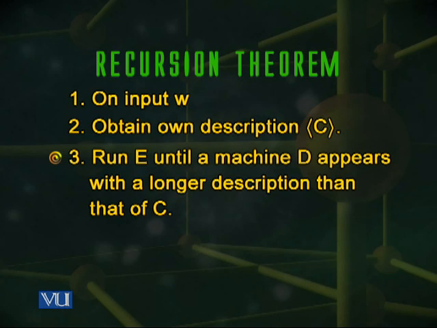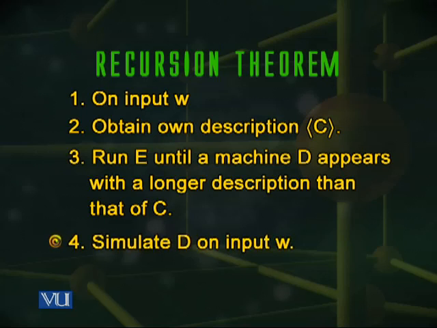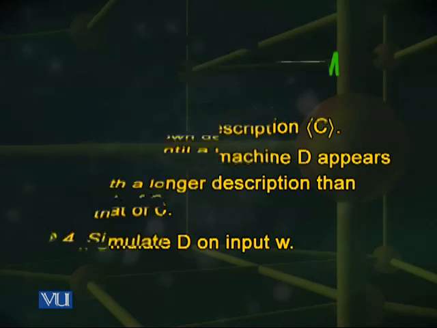Since min-TM is infinite and it contains Turing machines whose description is arbitrarily large, therefore eventually a machine D will appear whose description is longer than the description of C itself. Now what C does is once it finds a Turing machine D whose description is longer than itself, it simply starts simulating D on W. So what is C doing?